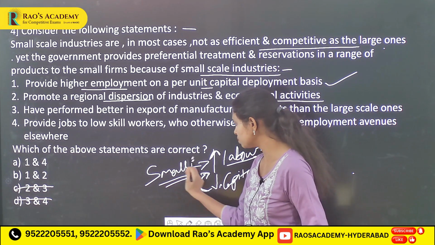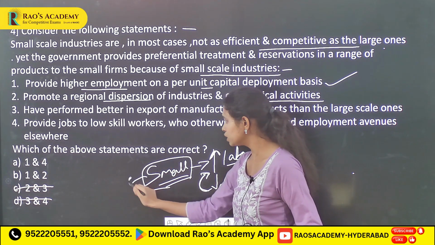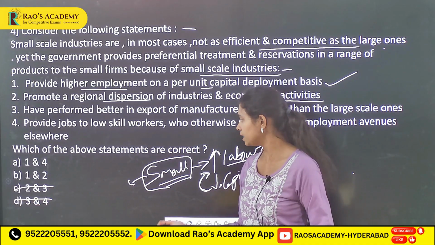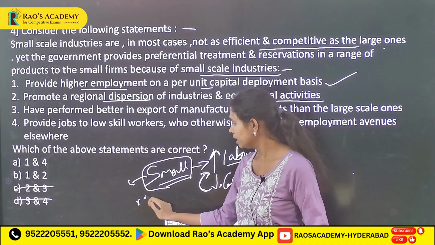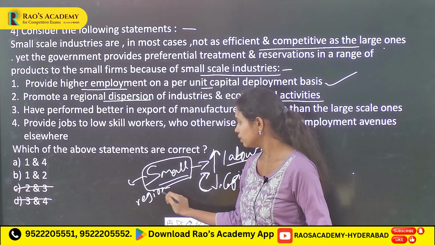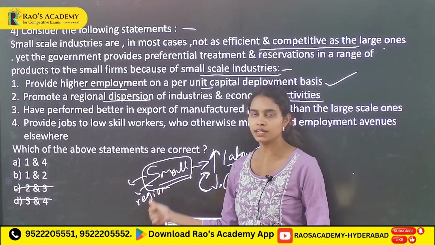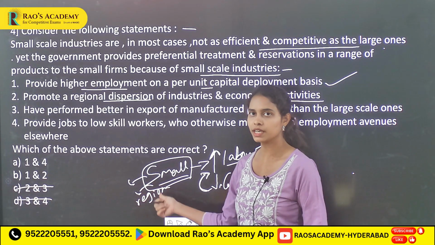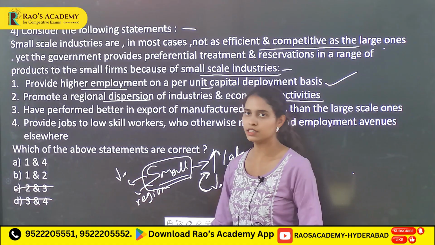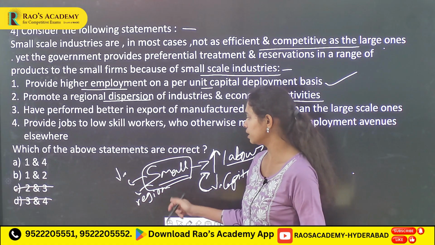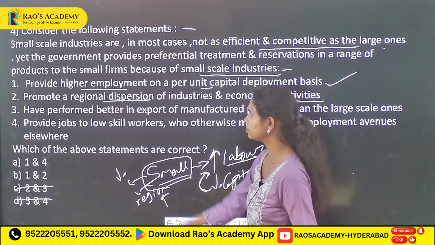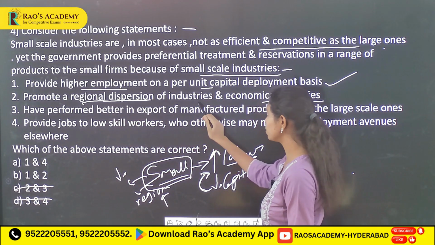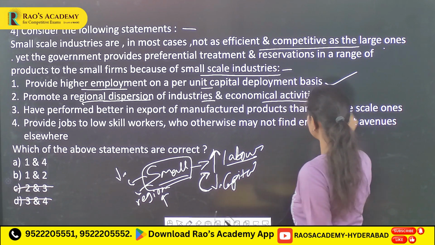But small scale industries can disperse to different rural areas as well as different remote areas, and they can be established in different regions. So you will see the decentralized establishment of these small scale industries. In such a way, they can reduce regional disparities and also promote regional equality. Here it is given that it promotes a regional dispersion of industries and economic activities. It is a correct statement.